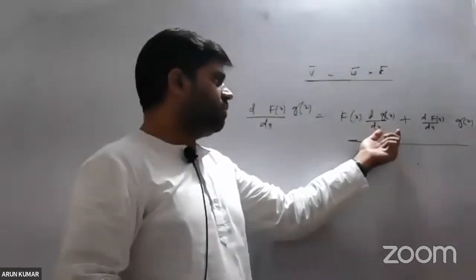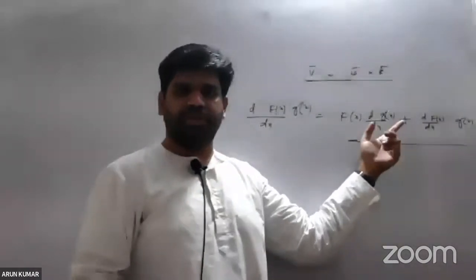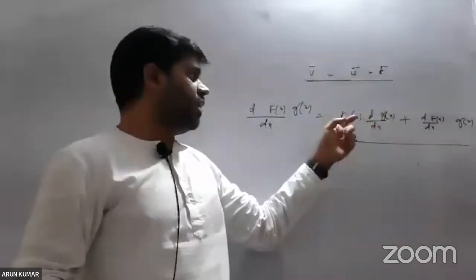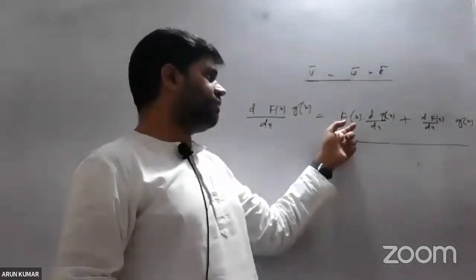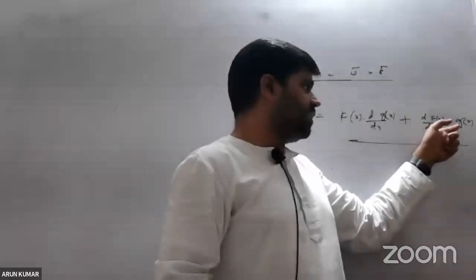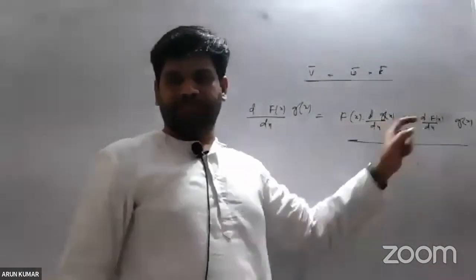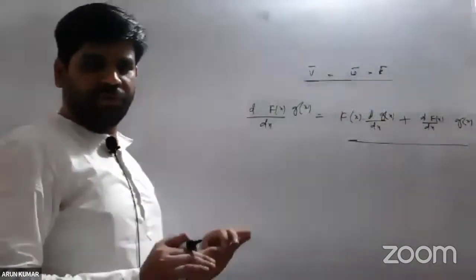Turn by turn I'll differentiate one and multiply that with the other function: f of x multiplied with g dash x plus f dash x multiplied with g of x.